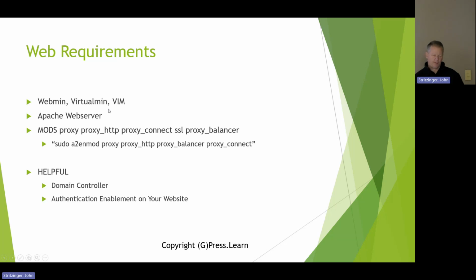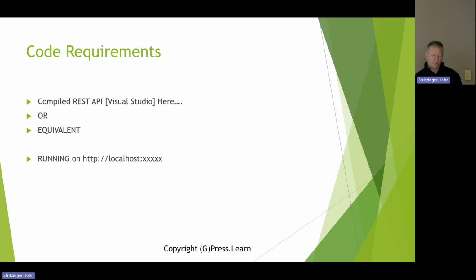If you type apt-get install apache2, it will install on your Debian. And we are enabling specific mods on the Apache server. You can do that either from the command line, or tonight I'm going to show you how to do that from Webmin, which is kind of fancy if you've never used Webmin before.